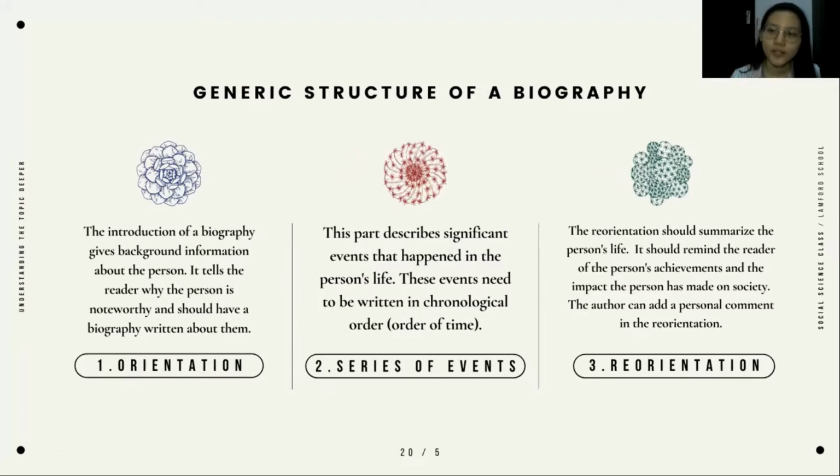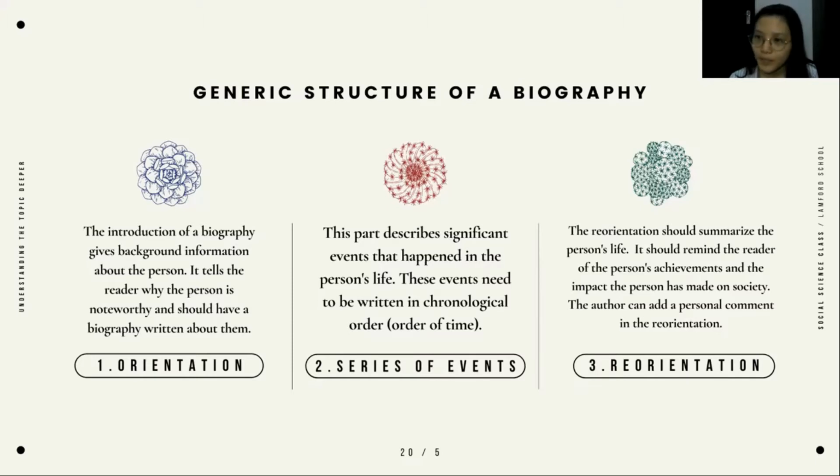First, we have the orientation. So, orientation is usually located in the first paragraph and it gives background information about the person. If we were to refer to Kamala Harris's Wikipedia page, the orientation states information about her birthplace and also her birth date. It also tells the reader why the person is noteworthy and should have a biography written about them.